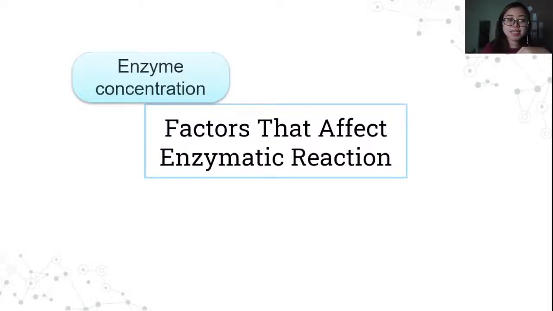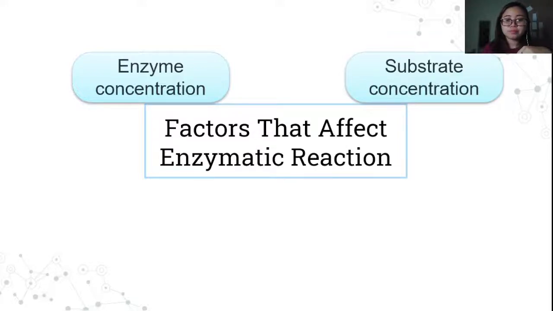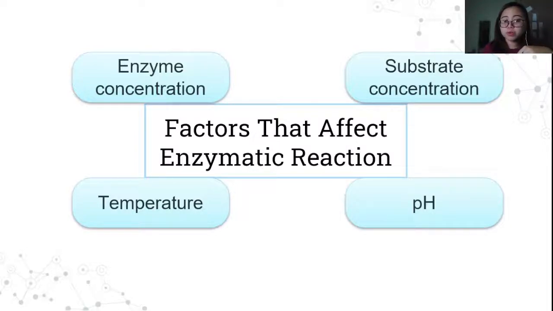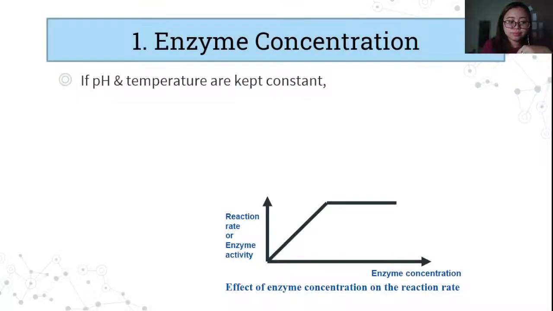The first is enzyme concentration. The second would be substrate concentration. The third will be temperature, and the fourth will be pH. Now we're going to look at each of these factors one by one. Let's have a look at the first factor with enzyme concentration.